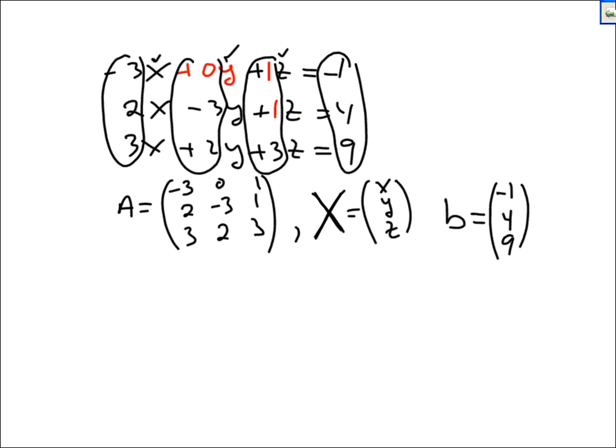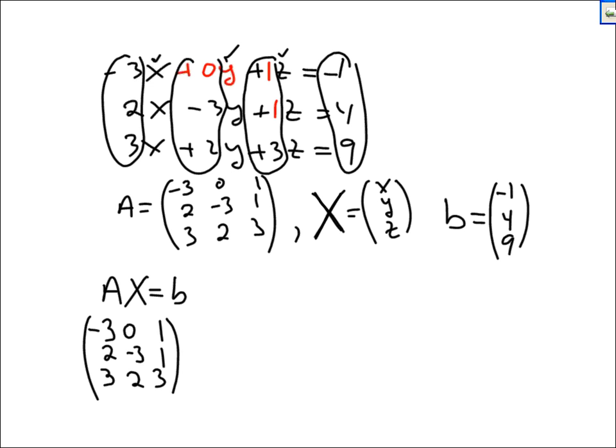Okay. Now, let's look at A times X equals B. That is negative 3, 0, 1, 2, negative 3, 1, 3, 2, 3. That's A. And let's multiply it by x, y, z.